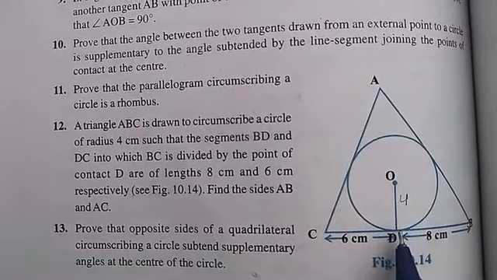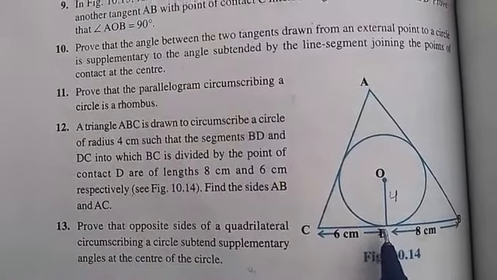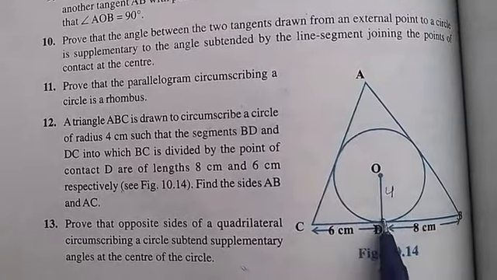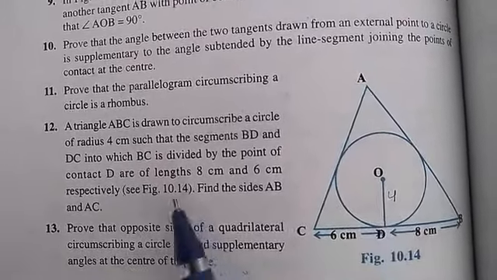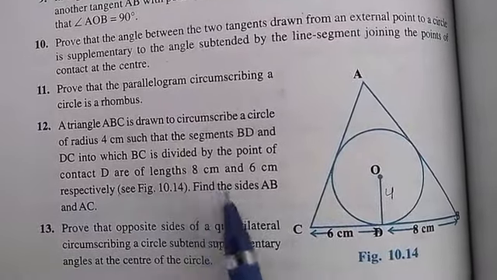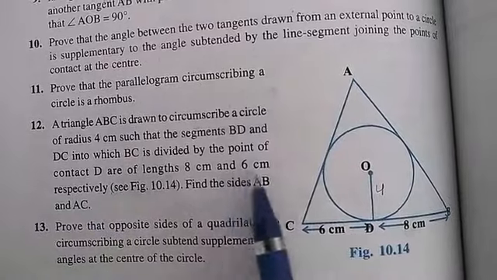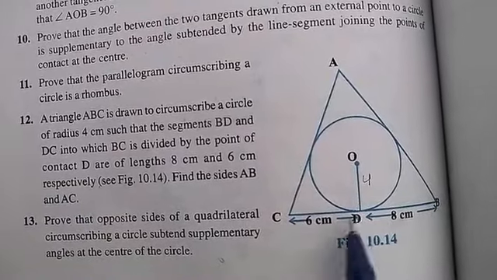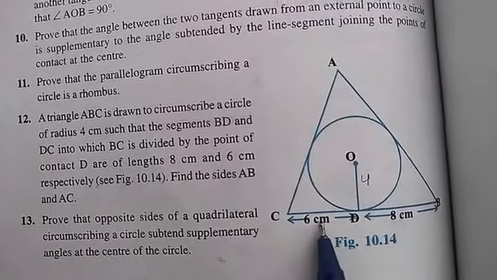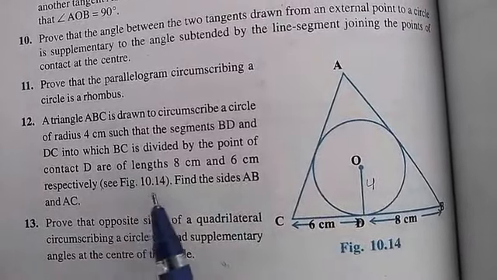We already learned that in the beginning of this lesson. The common point of the tangent to the circle is called the point of contact. Now see, D is the point of contact, and BC is divided into lengths 8 centimeter and 6 centimeter respectively.